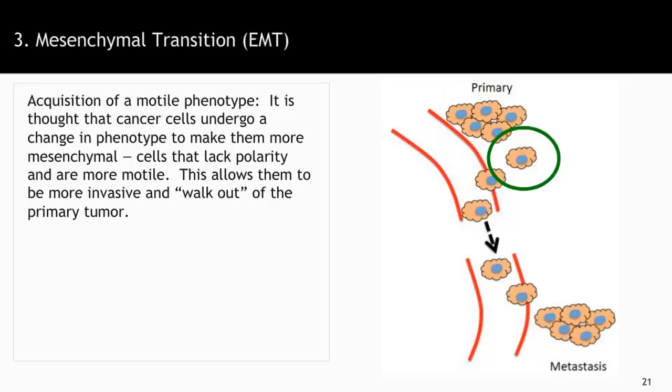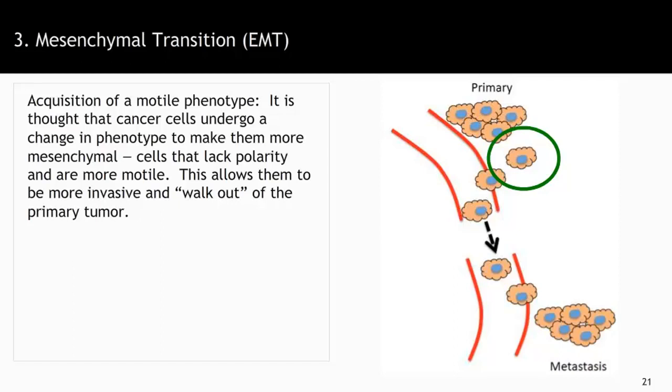The next step is what's called the mesenchymal transition or epithelial-to-mesenchymal transition. This is the acquisition of a motile phenotype, simply meaning a cell that can walk around and move versus one that can't. It is thought that cancer cells undergo a change in phenotype to make them more mesenchymal or fibroblastic, cells that lack polarity and can move more.